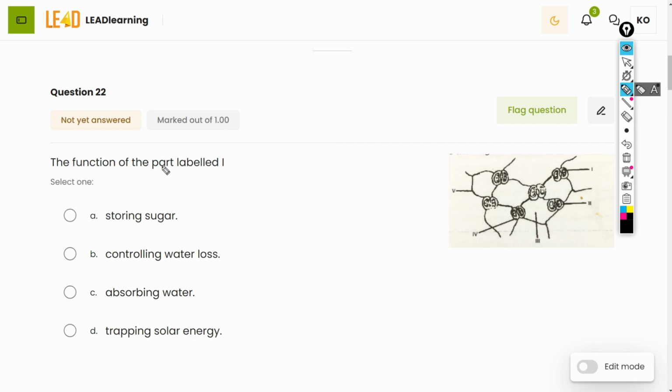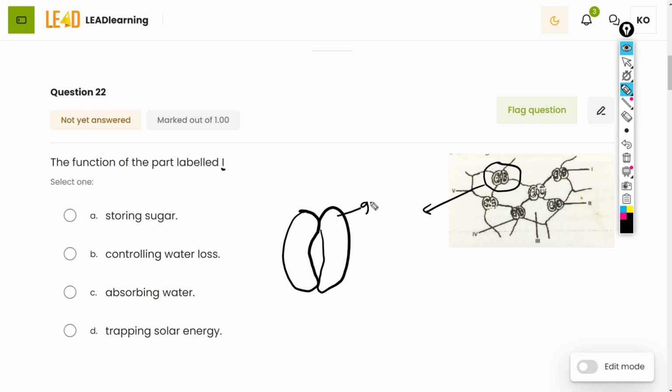The function of the part labeled 1 is... Now, to answer this question, we need to identify what the part labeled 1 is. These structures are typically the guard cells. So let's enlarge one of them and see what we have. An enlarged version would give us something like this, where this is the guard cell itself.